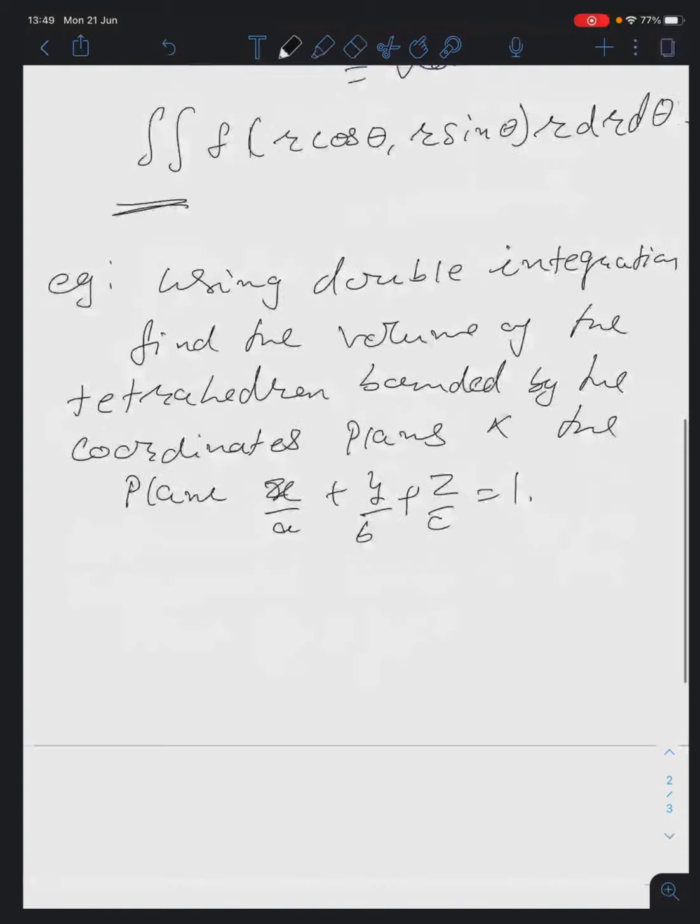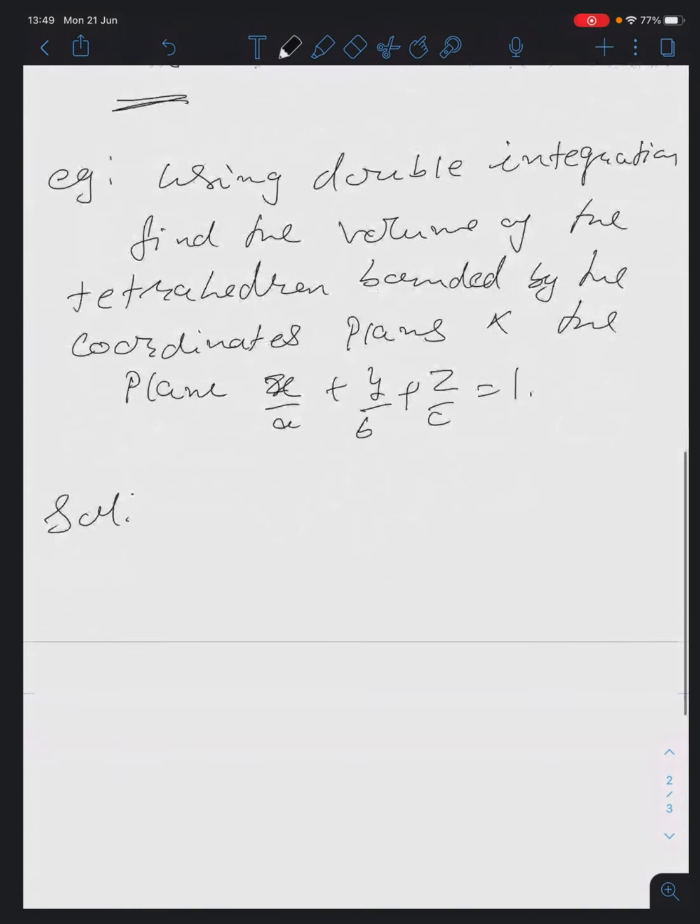Coordinate planes means x is 0, y is 0, z is 0. And the plane x by a plus y by b plus z by c is equal to 1 is given to you. Now you can solve this problem directly by using triple integral also, that we will see later. But by using double integration, how are you going to write this down? Now see here.